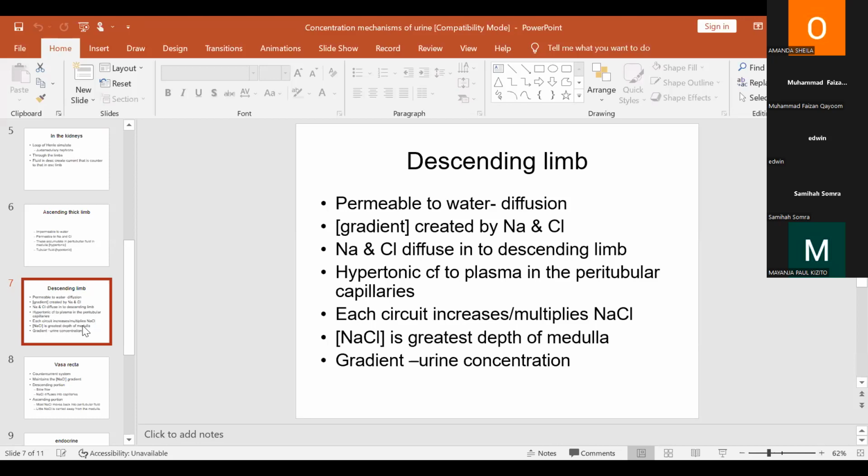We're going to talk about the exchanger, but this is the multiplier. So what is the function of the countercurrent multiplier? It is to concentrate the medulla. It is important you go and look at this multiplier, what it does and how it multiplies and concentrates the medulla.